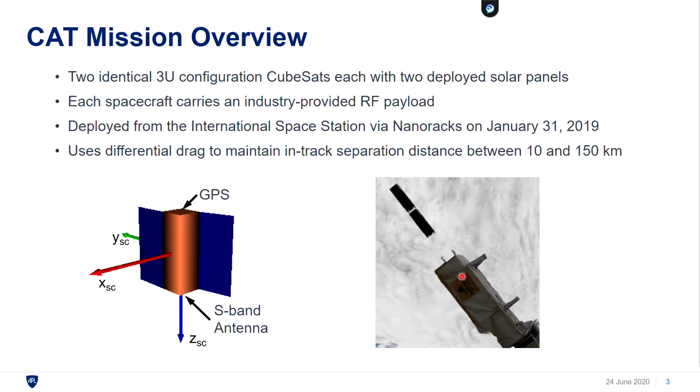And you can see in this picture the two spacecraft immediately after deploying from the NanoRacks module. The spacecraft used differential drag to maintain in-track separation distances between 10 and 150 kilometers, with the CAT-2 spacecraft always remaining behind the CAT-1 spacecraft.